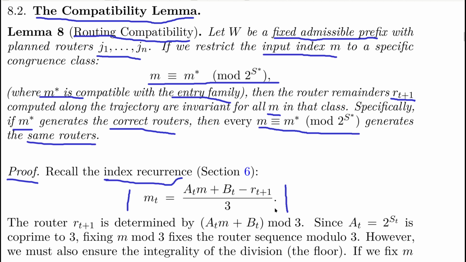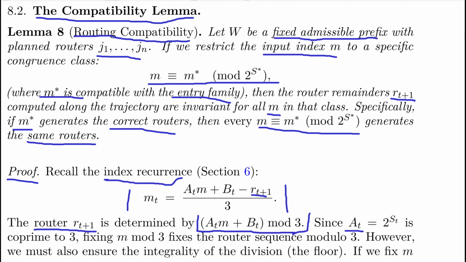This expression has been shown before. The router r_{t+1} is determined by A_T M plus B_T mod 3, which we've also worked on before and explained why.